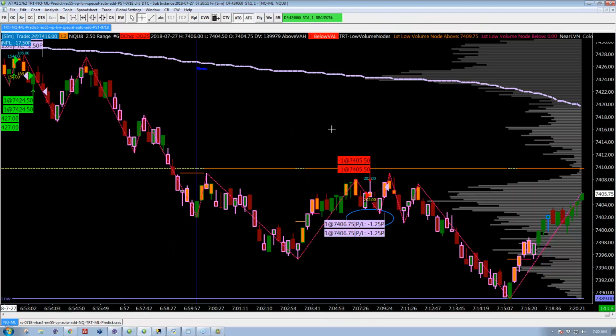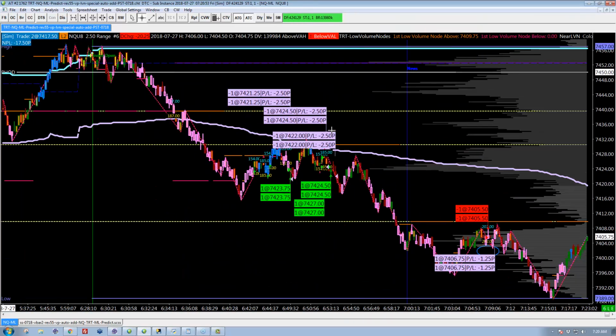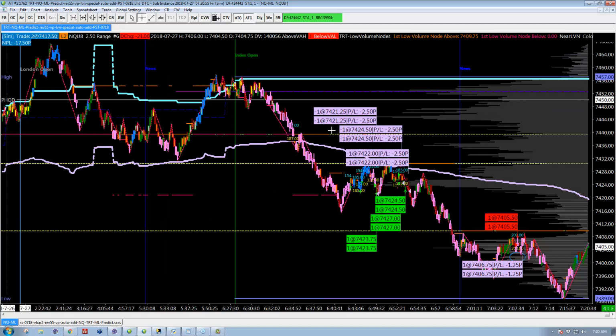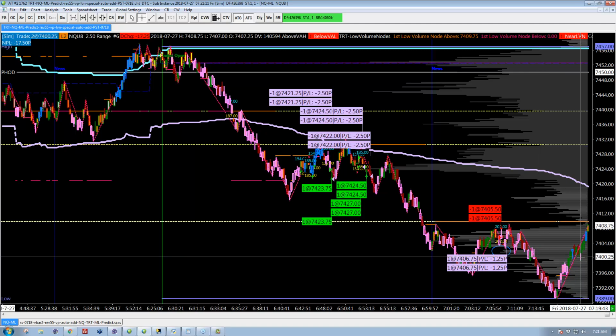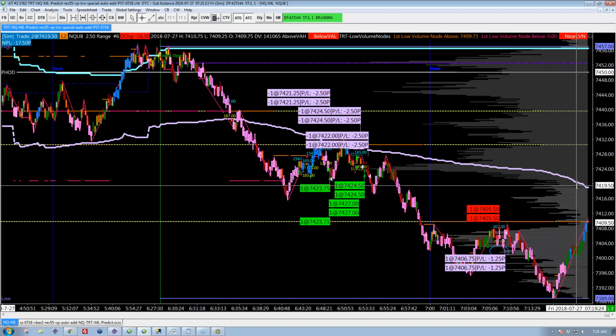In fact, what does it look like larger? So basically we came down to 7400 and we're testing that right now. So we're gonna get to this low volume node up here, and then are we gonna get rejected off of there and travel back down to 7400 again?